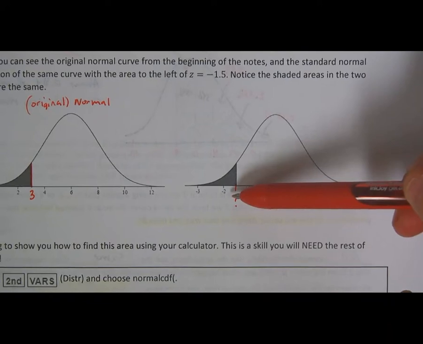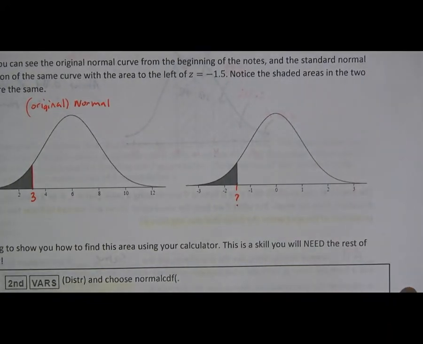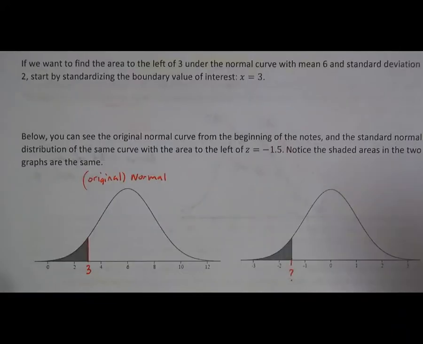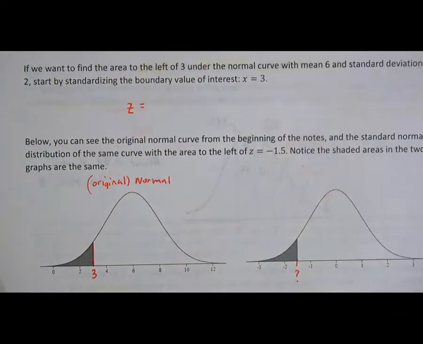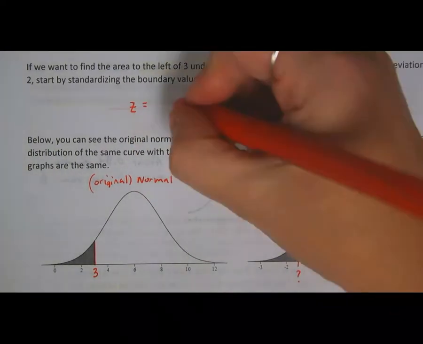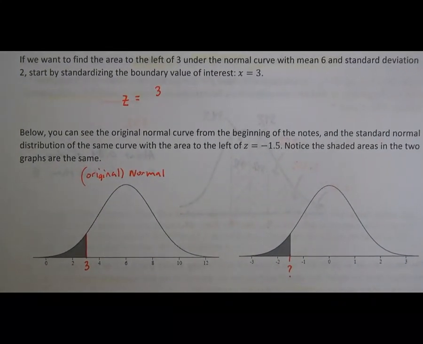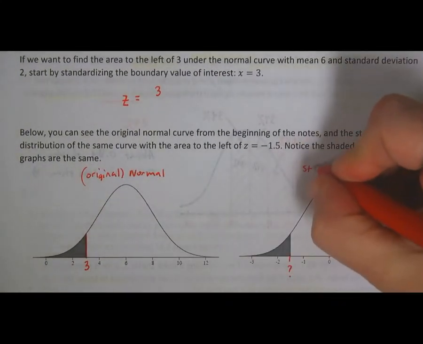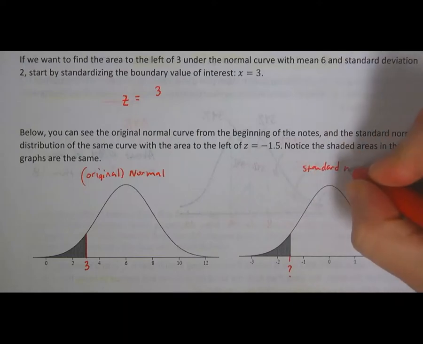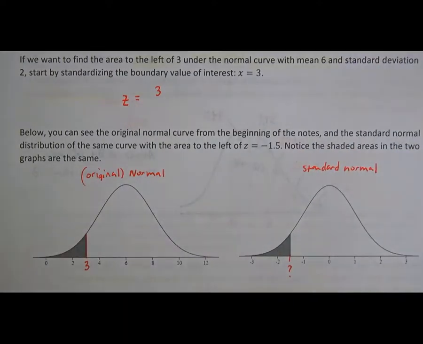All you have to do is the same thing you did for 0, 2, 4, 6, 8, 10, 12. You have to find its z-score. I want to know what the z-score is for the number 3. I want to know what number is on my standard normal curve, where 3 is over here on the original normal curve.